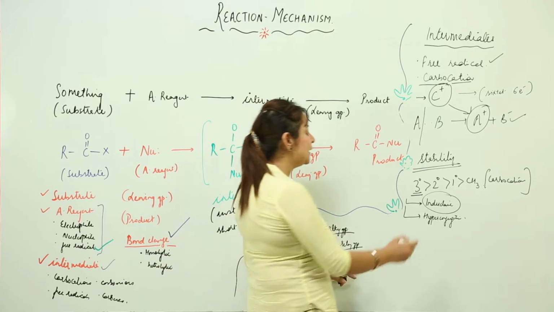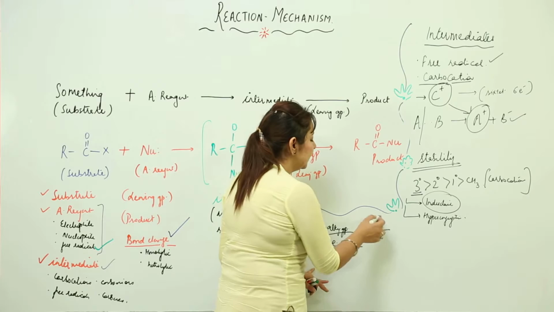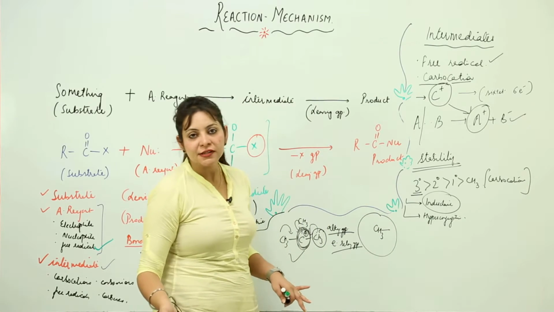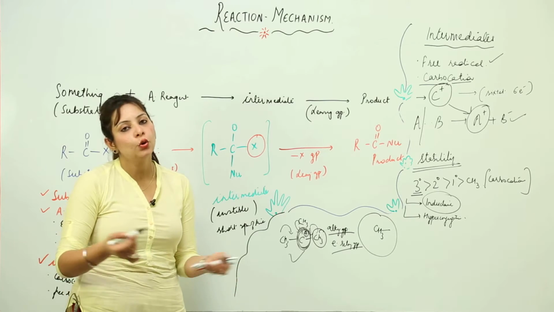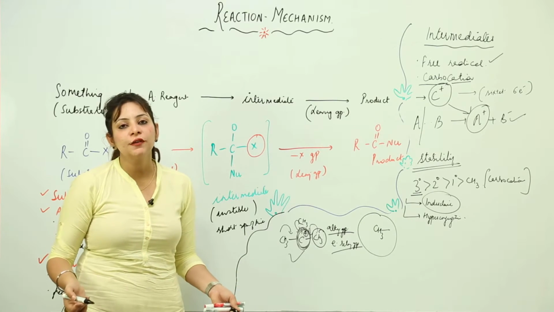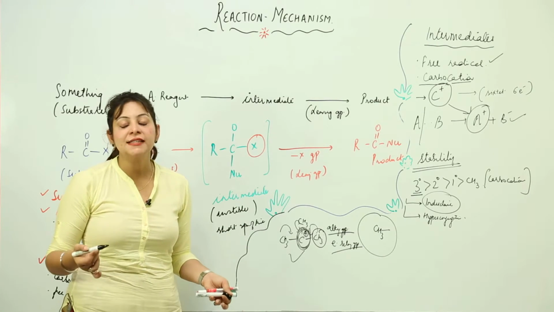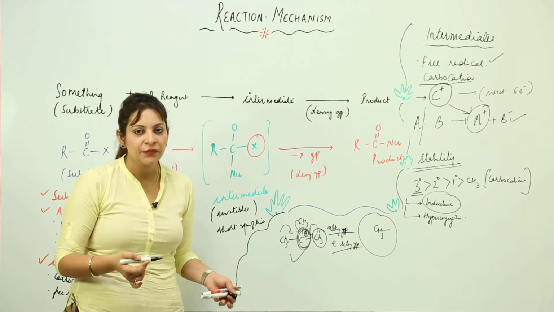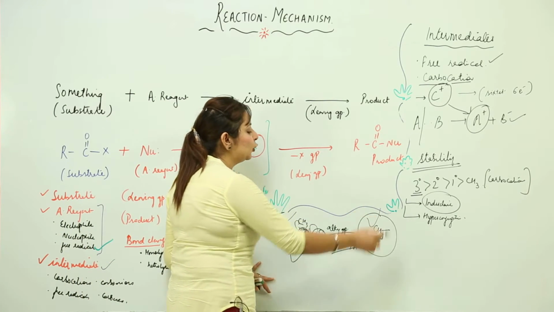But as far as the methyl group is concerned, it has no alkyl group joined here. So there will be no electron release, and when there is no electron release, there will be no dispersal of the charge. That means it will carry a good enough positive charge, and that makes it unstable. So that is why the 3 degree one is stable and the methyl is the least stable.